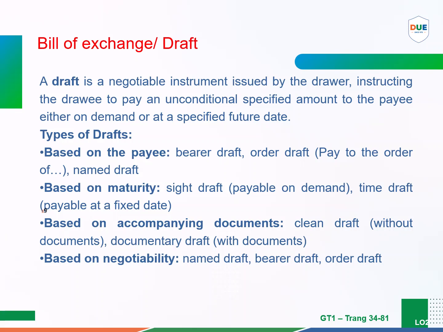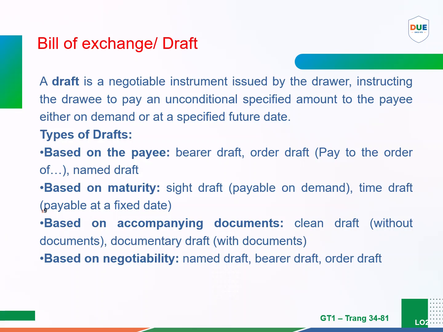Based on maturity, drafts can be sight drafts, which must be paid when presented, and term drafts, which are payable after a certain period from the date of issuance or acceptance. Based on accompanying documents, there are clean drafts, which are not accompanied by shipping documents and are usually used in clean collections, and documentary drafts, which are presented with a set of shipping documents, typically used in documentary collections or under letters of credit.